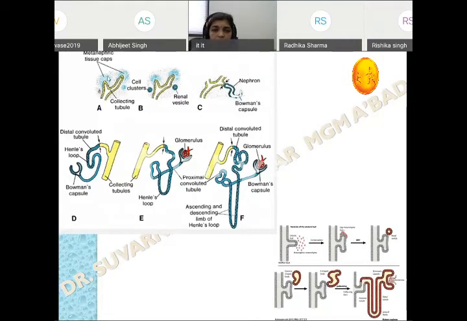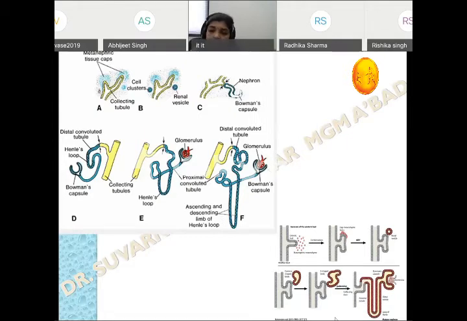It shows the cluster of cells collected surrounding the end of the ampulla, and this is the cap stage; they ultimately form the vesicle. After the vesicle, it is clearly seen, this is a pear shape, comma shape, and then S shape. And this S shape later on forms the well-developed nephron.